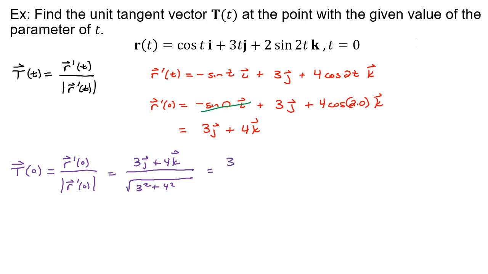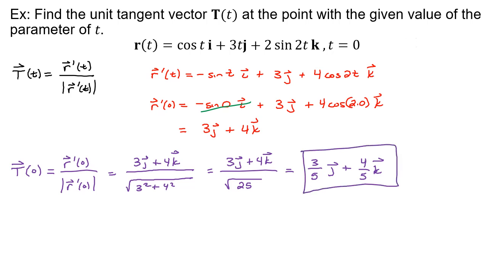So this will give me 3j and 4k divided by 9 and 16 make 25. So I'll end up with 3/5 of a j and 4/5 of a k. And this is my unit tangent vector at the point t equals 0.